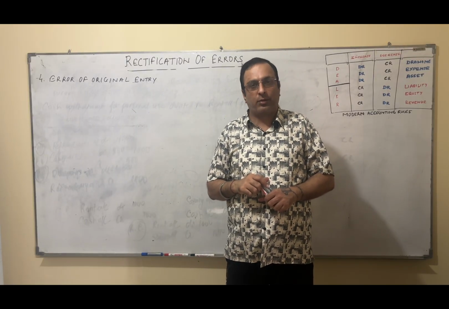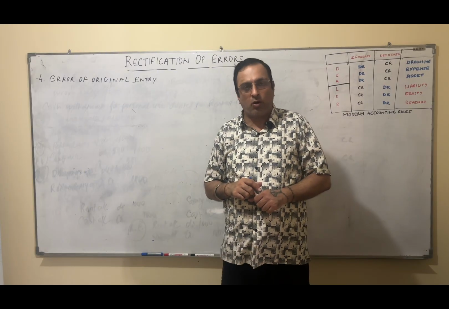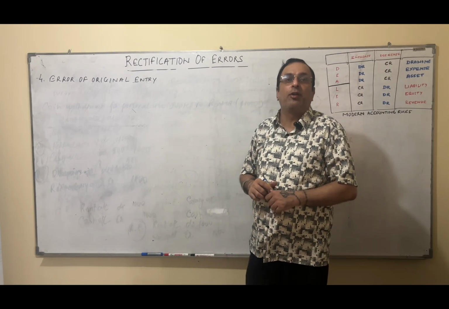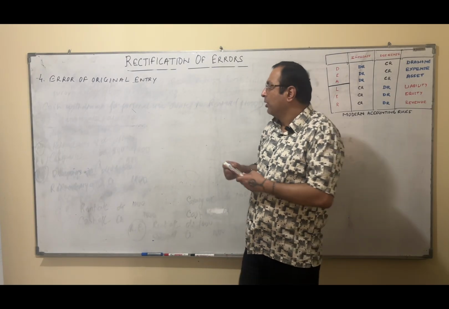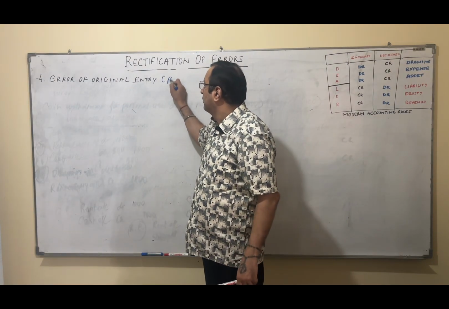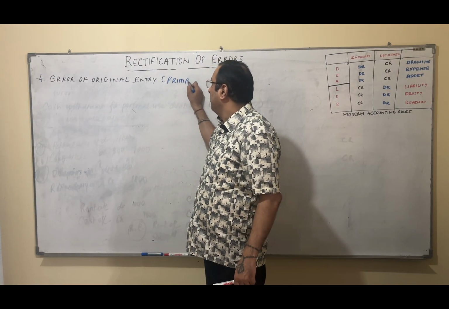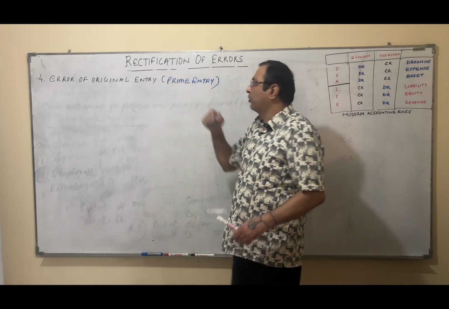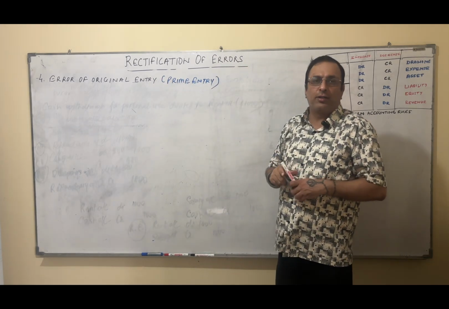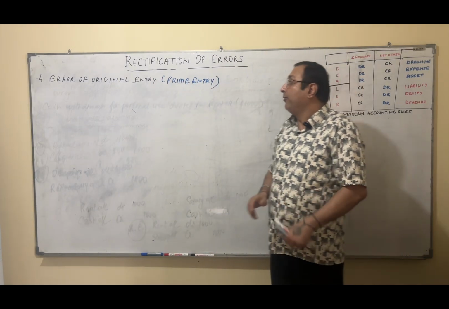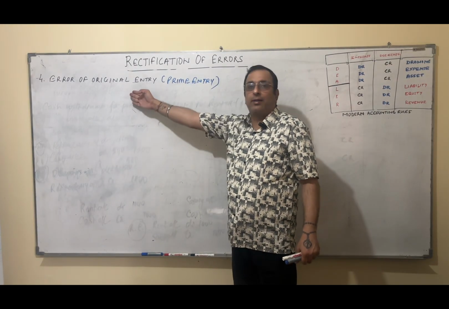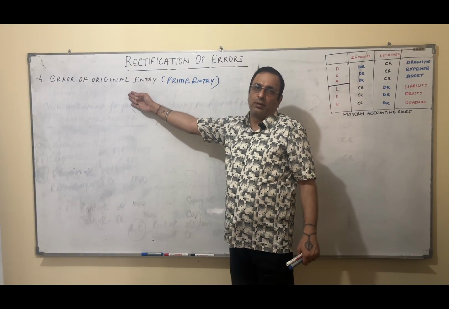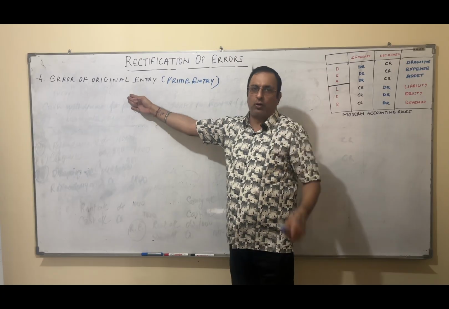And the first books in which we start recording are known as the books of prime entry, or the books of original entry. If we have started recording incorrectly, definitely everything further will be wrong.